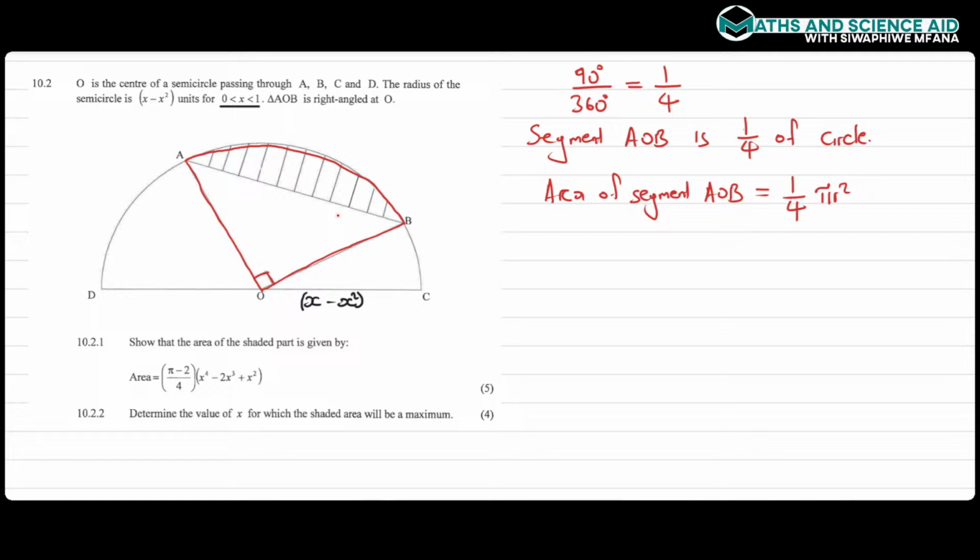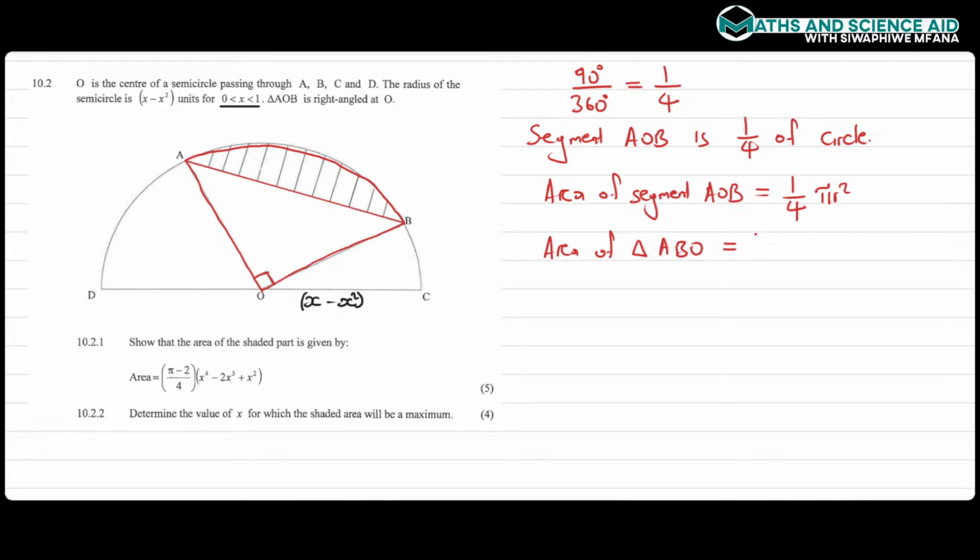And then we need to recognize that there is this line AB which is dividing this segment. Now we can work out the area of triangle ABO.